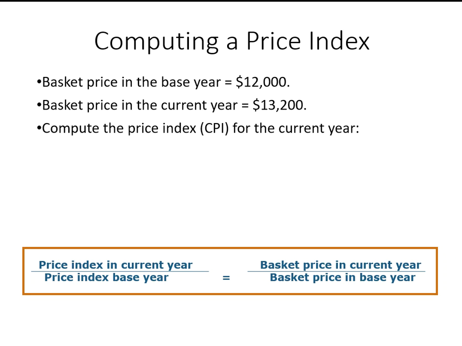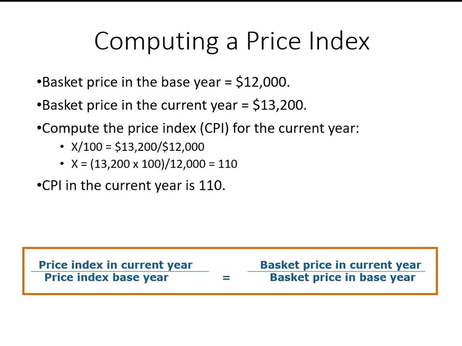The price index in the current year divided by the price index in the base year should equal the basket price in the current year over the basket price in the base year. Let's look at the example together. We'll compute the CPI for the current year. The current year will be $110. So the question is, do you agree with it?